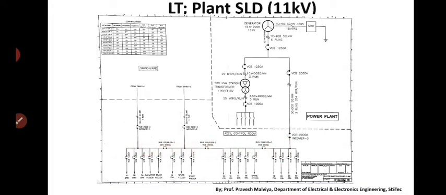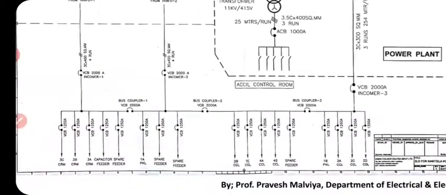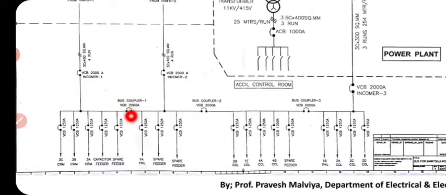Now till this point, it is okay if these two transformers work parallelly. There is no problem in closing this circuit breaker, because both the transformers are of exactly the same rating, and all the parameters are exactly the same.